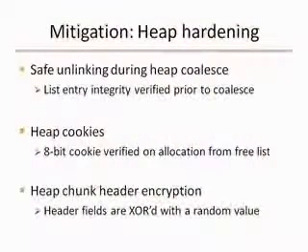There are some other techniques that have been refined as well, like exploiting look-aside list allocations and other things like that. So the mitigation was to introduce a number of heap hardening mechanisms. The first was to introduce safe unlinking into heap coalesce operations. This makes sure that the entry being unlinked meets a certain number of requirements in terms of being a valid entry within the linked list that it's being unlinked from.